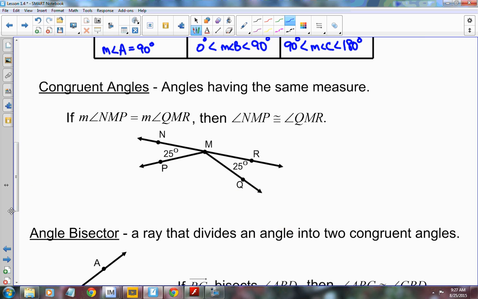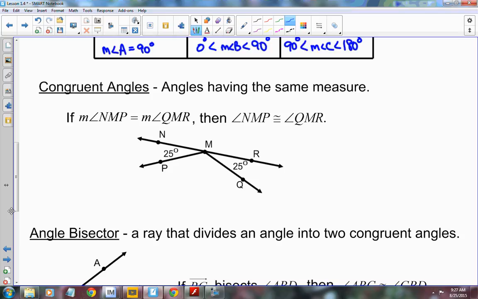All right. And we talked last week about congruent segments. We also have congruent angles, and those are angles that have the same measure. If you are told that two angles have the same measure, angle NNP and angle QNR both measure 25, then you can say that they're congruent, and vice versa. If you know that two angles are congruent, then you can say that they have the same measure.